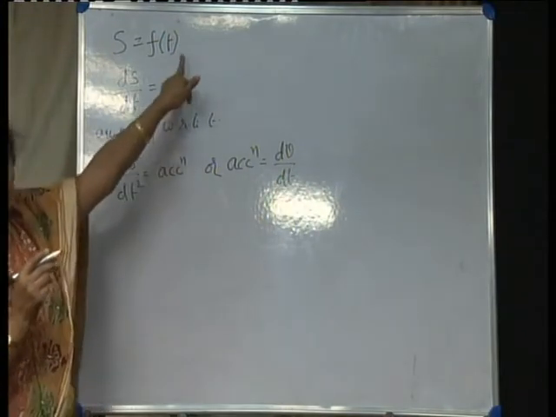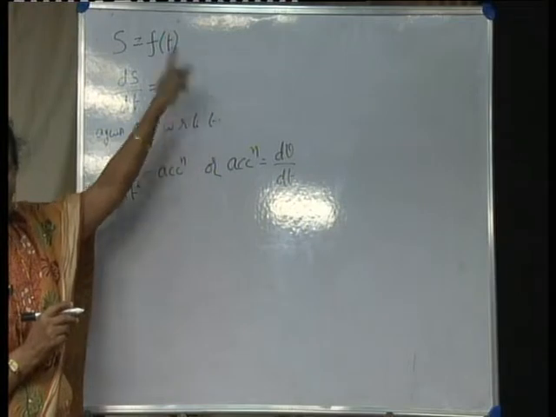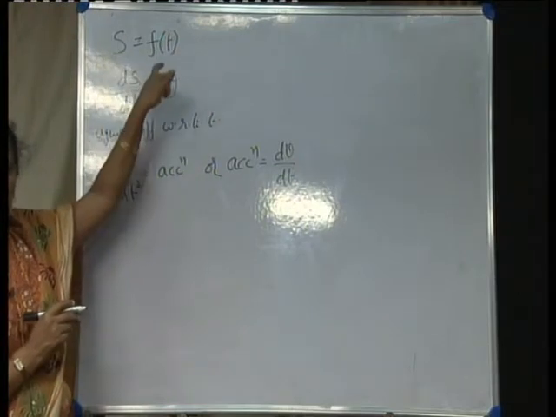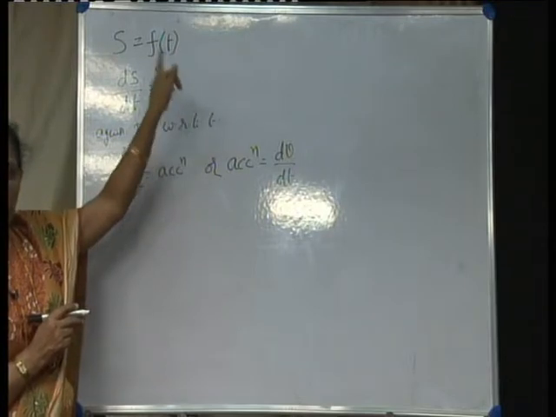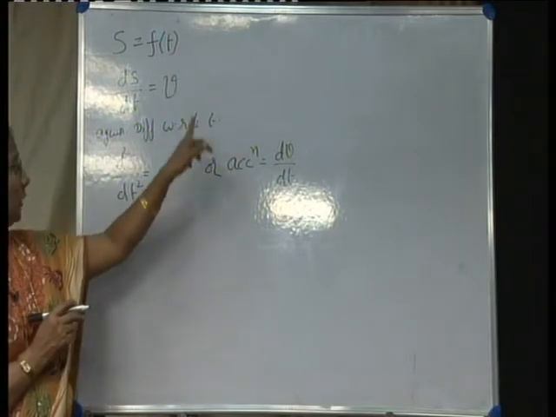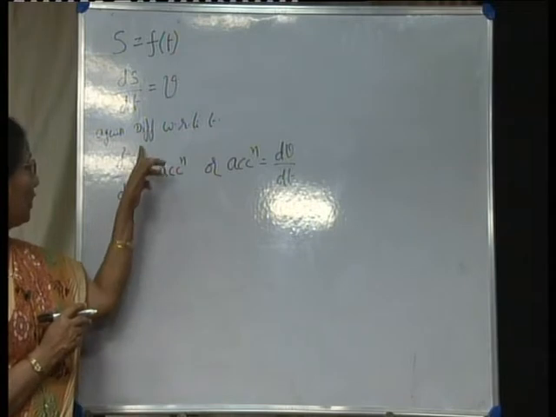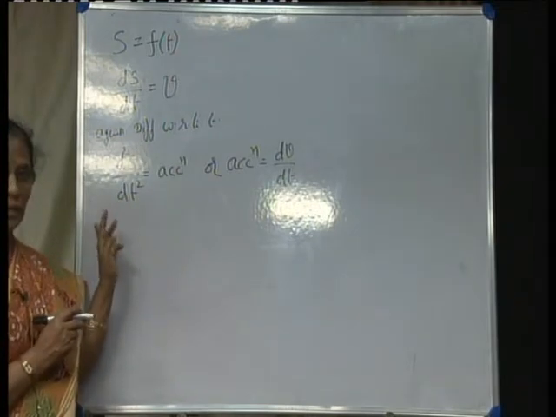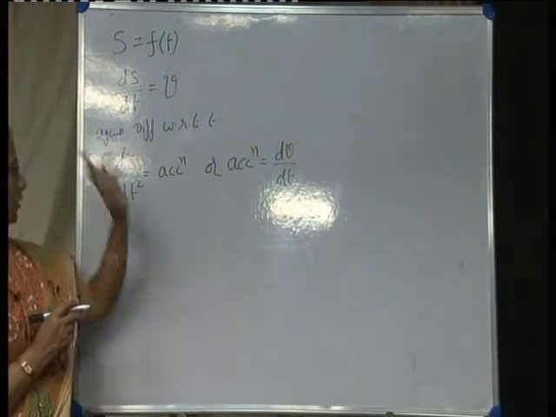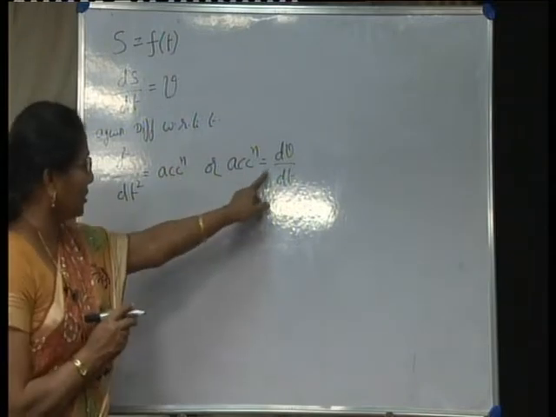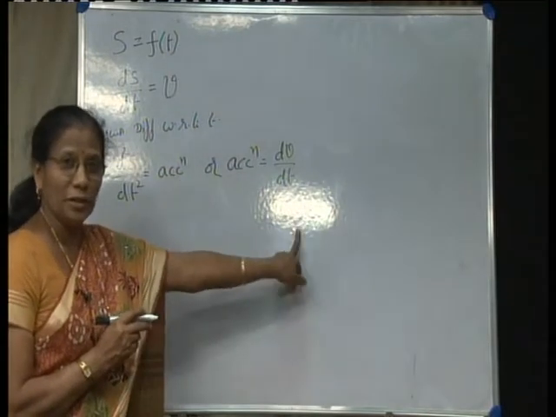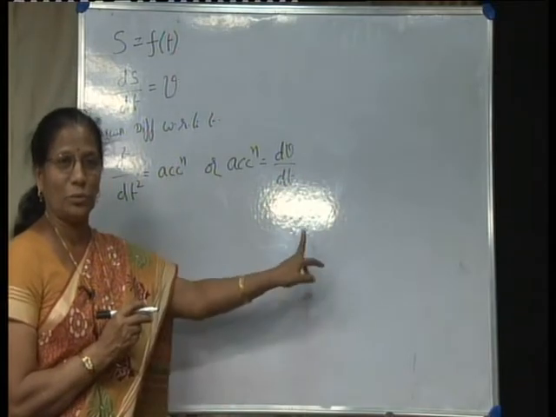Displacement is given in terms of t. If we differentiate with respect to t, you will get the velocity at any point. Again if we differentiate with respect to t, that is d squared s by dt squared, the second derivative of displacement, that is equal to acceleration, or acceleration is equal to the derivative of velocity with respect to time.